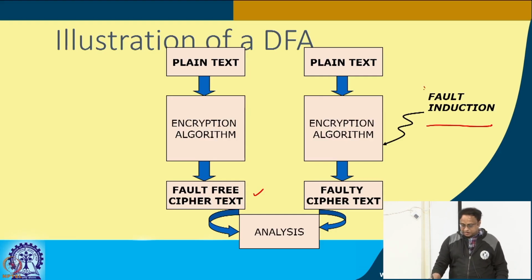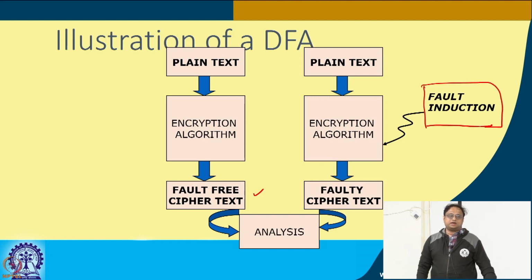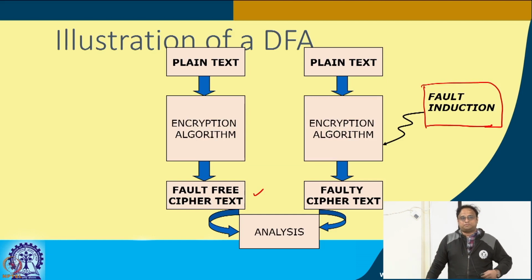So the bottom line is that you create a fault, and I will tell you how to create the fault. Okay, and the objective of the fault, if you create arbitrary faults, it will not work. You can probably not get the key. But if you are concerted and if you properly tweak, then maybe you will be able to get the key. So you need to understand what is the sweet spot in terms of a fault attacker, right?